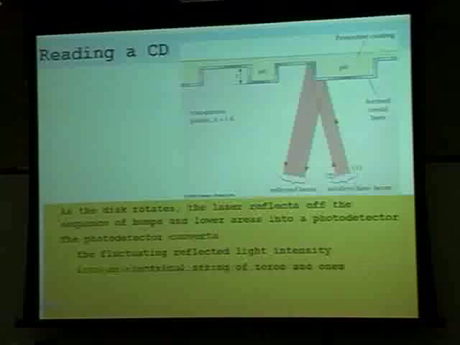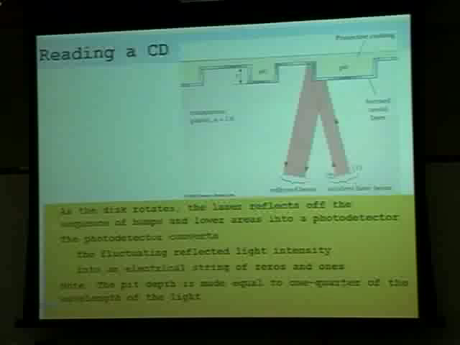Trying to remember which is which. Pit depth is made equal to 1/4 of the wavelength of light. So there'd be a difference in path length of half the wavelength of light. So if you had destructive interference, then you'd be right at the corner of this pit here, and that would correspond to 1.